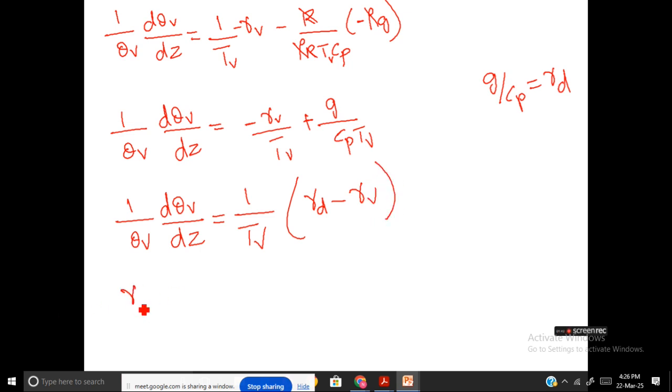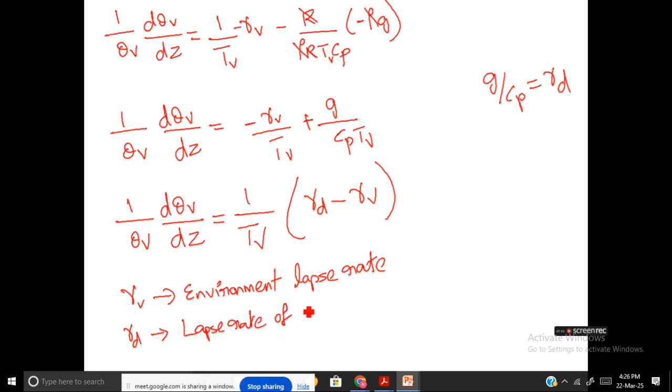Now gamma V is the environmental lapse rate, and gamma d is the lapse rate of the parcel which is unsaturated.